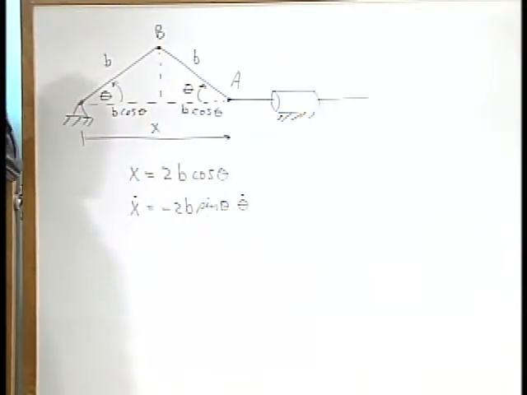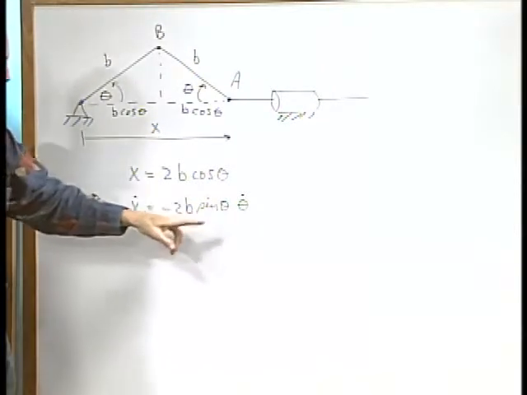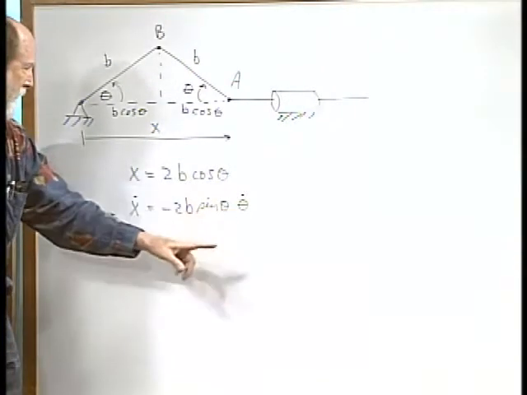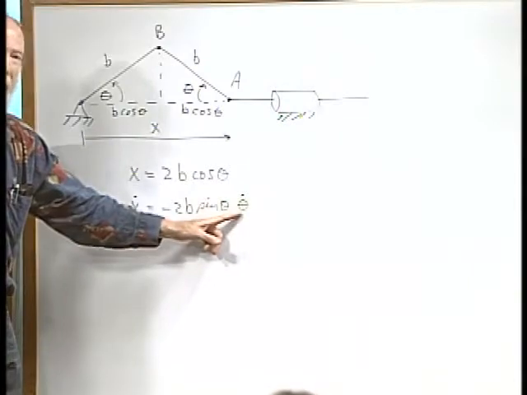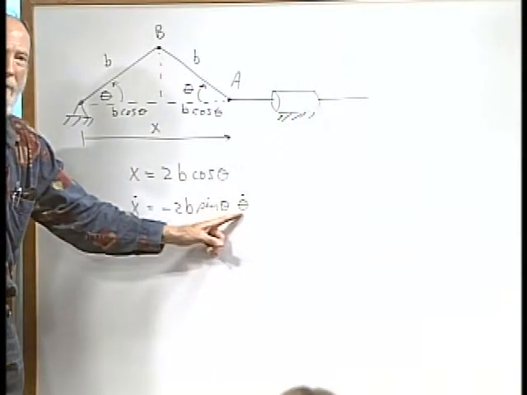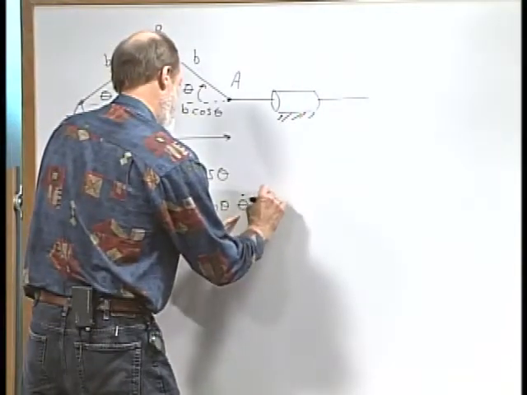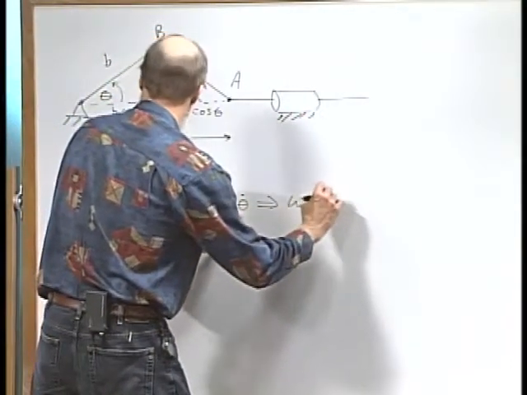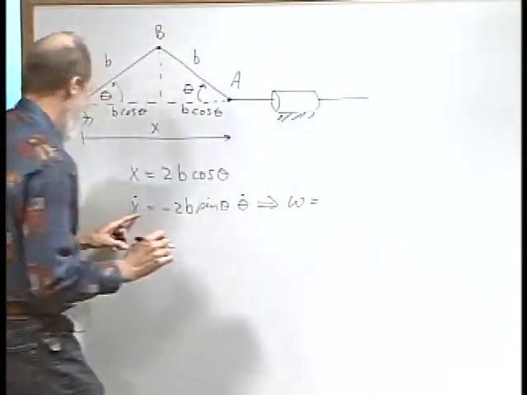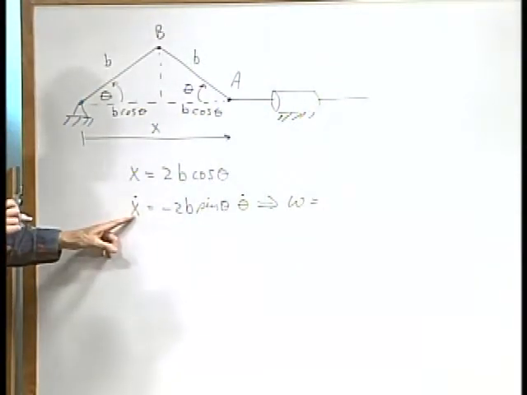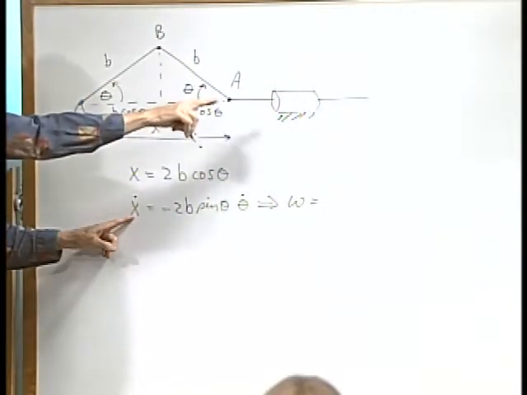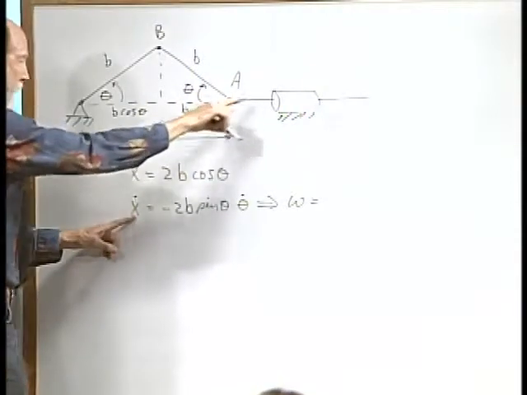What we did not do last class session is notice that this theta dot is the omega right here. Now x dot is the speed that this arm A is moving at, isn't it?